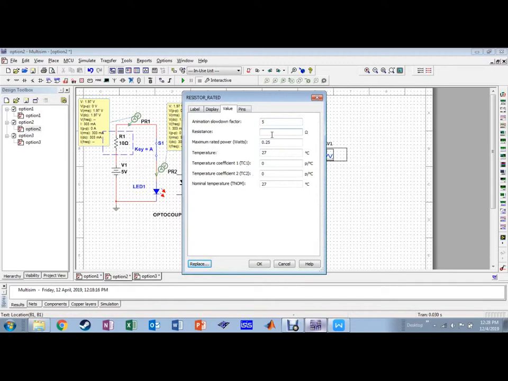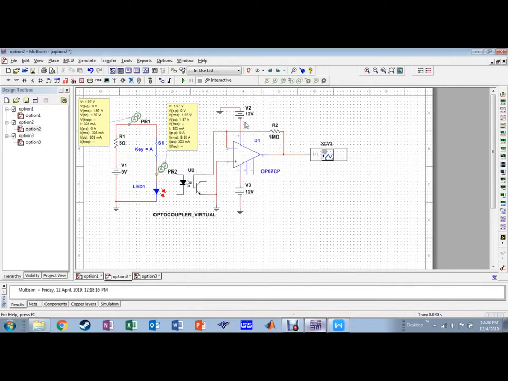We can change the value from 10 to 0, which we need to tabulate and record for each resistance when we change it. So I already tried from 10 to 0 and I already saw the change. So let's try for 5 ohm. Okay, it changed to 2 volt and 600 milliampere.